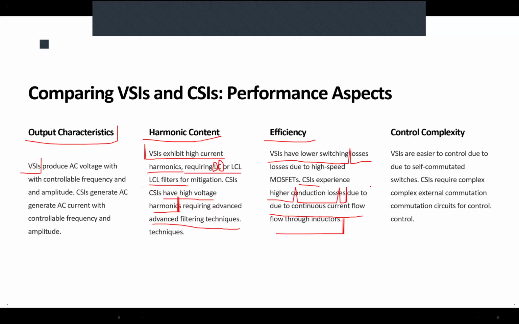And as we already mentioned, regarding control complexity, VSI has a much easier control system because it is self-commutated, but CSI requires a more complex control system with external commutation.